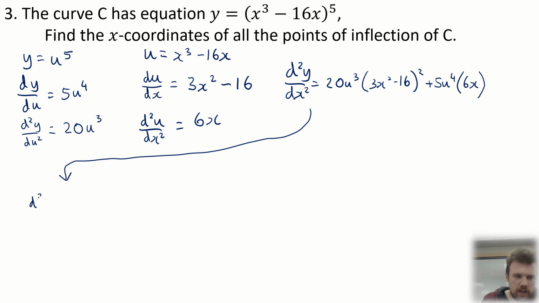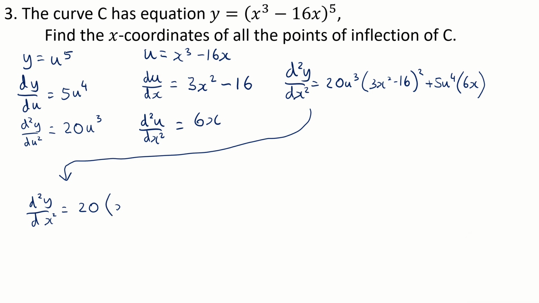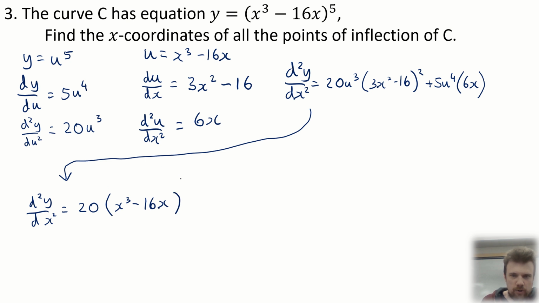We're going to end up with d squared y over dx squared equaling, my goodness, I'm going to have fun fitting this into the page, 20 lots of (x cubed minus 16x) all to the power of 3 times (3x squared minus 16) squared, plus, we've got the 5 times the 6 is 30. I'll gather the x out the front. And then we've got (x cubed minus 16x) all to the power of 4.